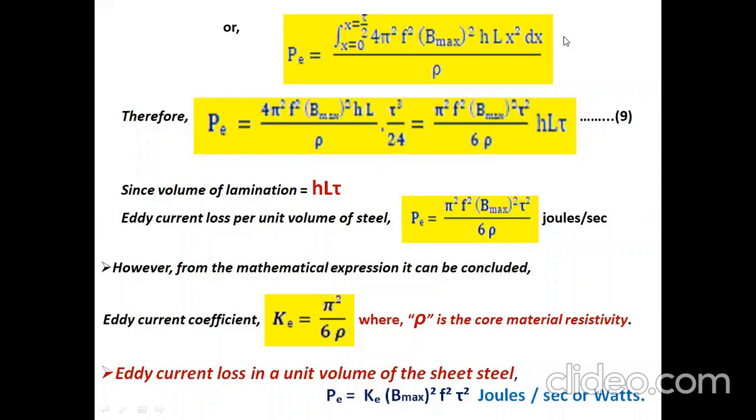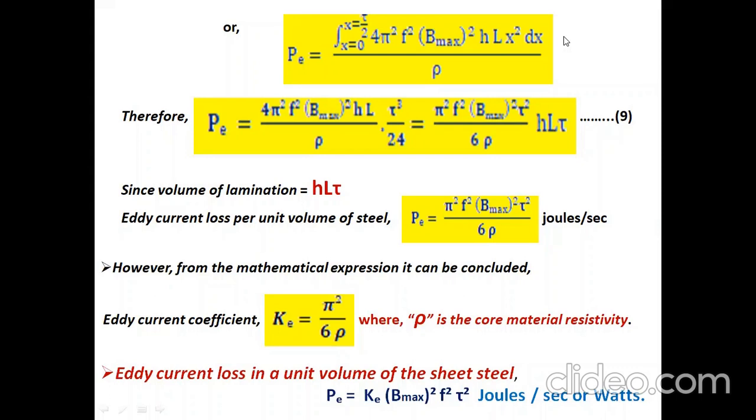PE equals 4 pi square F square B max square H L divided by rho into tau cube divided by 24. That equals pi square F square B max square tau square by 6 rho, times H L tau.